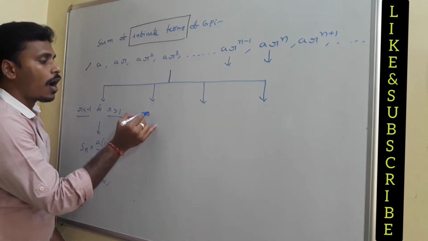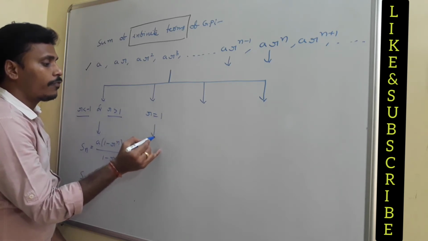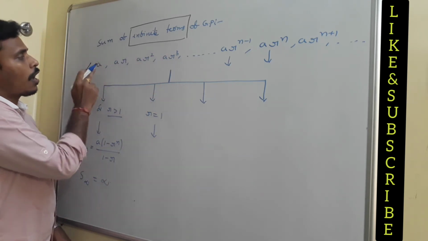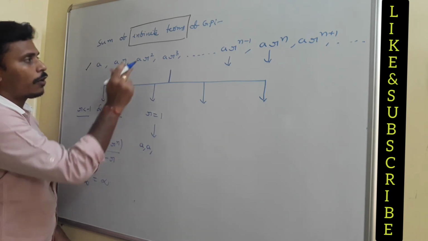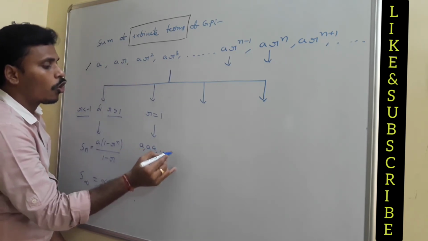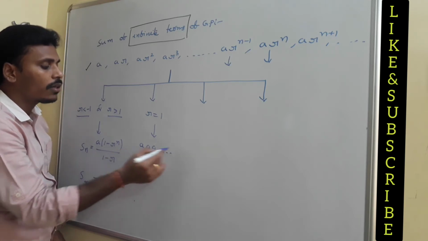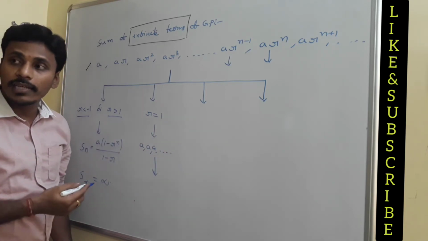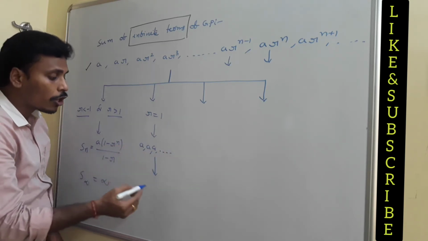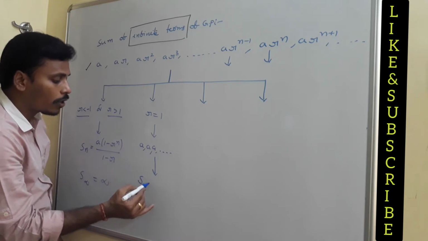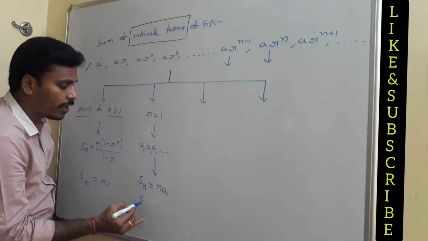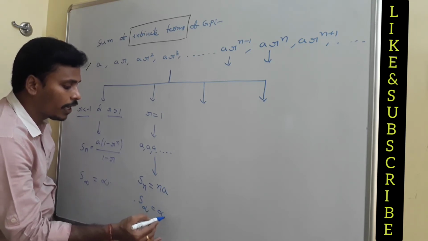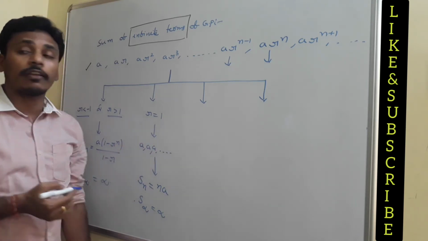But if R is equal to 1, the first term is a, r to the power 1, second term is a, third term is a, and so on. It is a constant sequence. All the terms are equal. If you calculate Sn for that constant sequence, you need to add a for n times. Your answer is na, and S infinity is again infinity, because you need to add a for an infinite number of times.